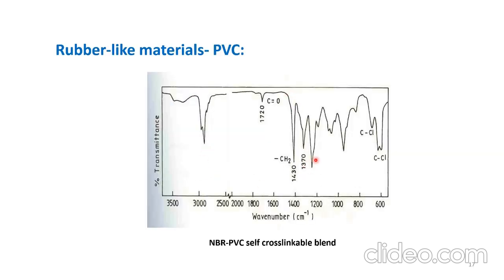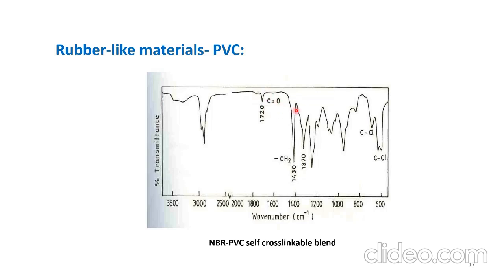So this is a PVC FTIR. In this, we have chlorine, then CH3, and why is C double bond O coming? It is because of oxidation. If it is kept in the air for a long time, then the peak will be strong.